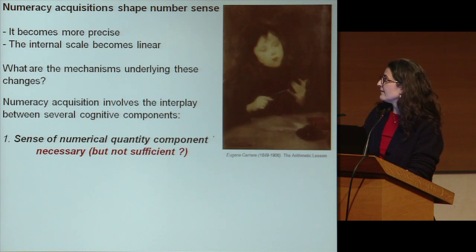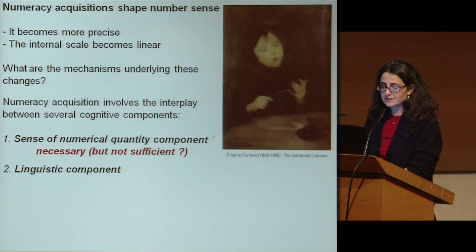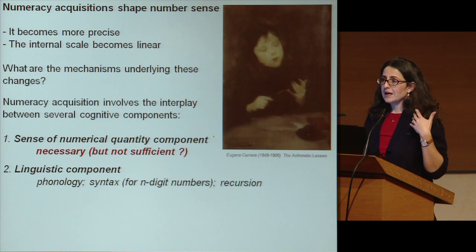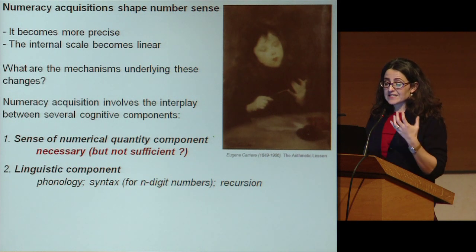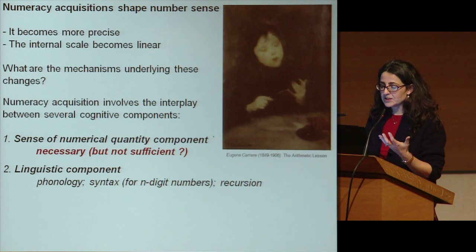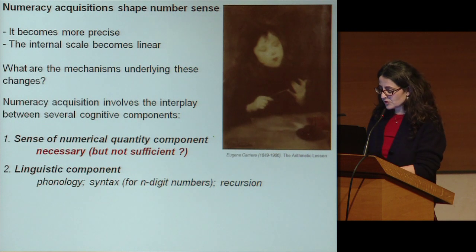First of all, we have the sensory-numerical quantity component, which we have shown is necessary, but surely not sufficient. Second, there might be a linguistic component. Children need to have a phonological system intact to recite the number line, some sense of syntax, at least for understanding n-digit numbers, and some sense of recursion as well.